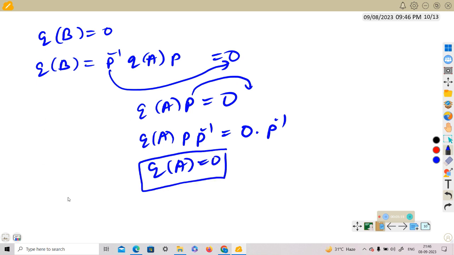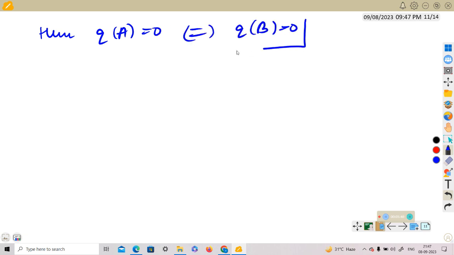What we have got is that if Q(B) is equal to 0, this implies Q(A) is equal to 0. Hence Q(A) is equal to 0 if and only if Q(B) is equal to 0.